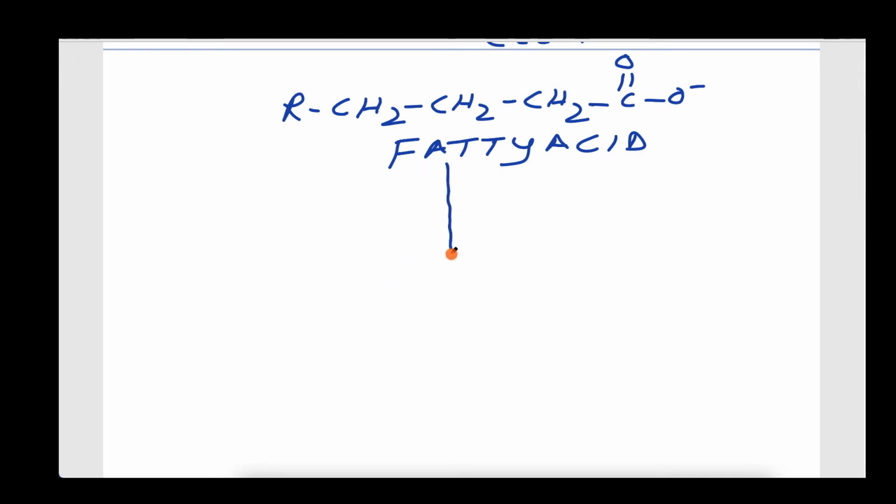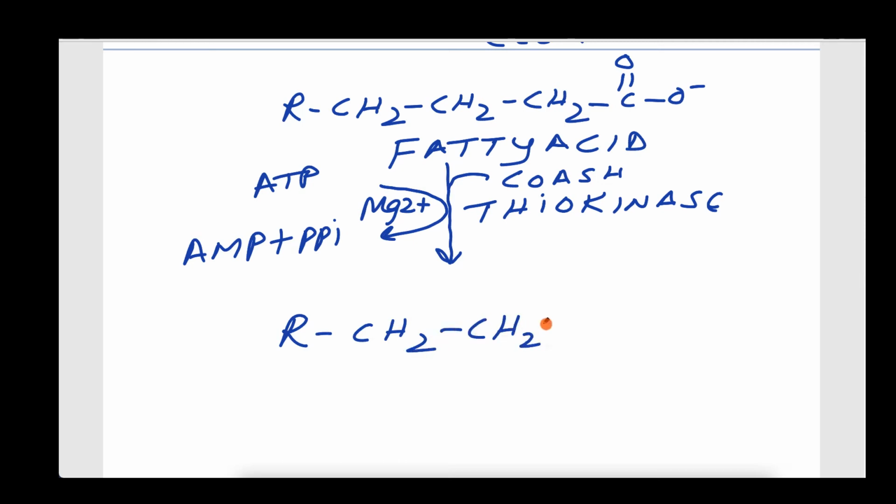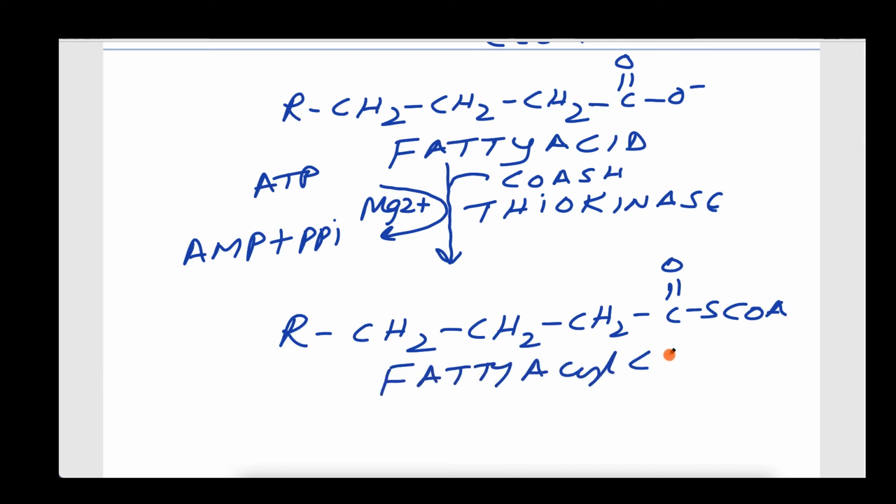We have already studied that this fatty acid is activated with the help of coenzyme A. The enzyme is thiokinase, and here ATP is converted to AMP plus PPi in the presence of magnesium 2 plus, leading to formation of fatty acyl coenzyme A. This all takes place in the cytosol.